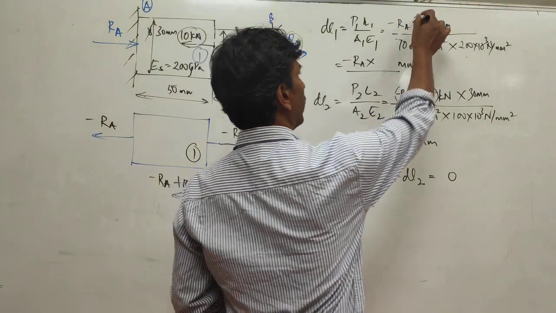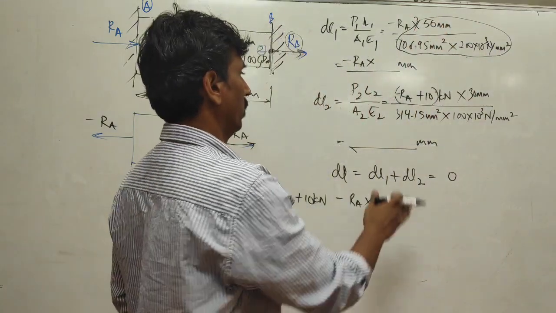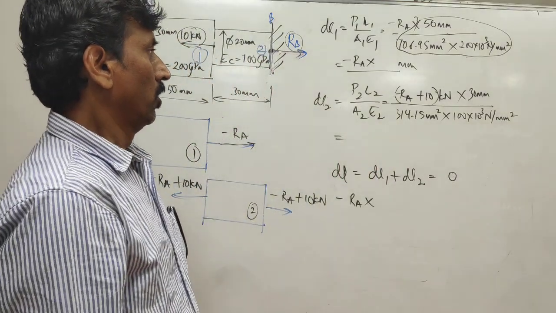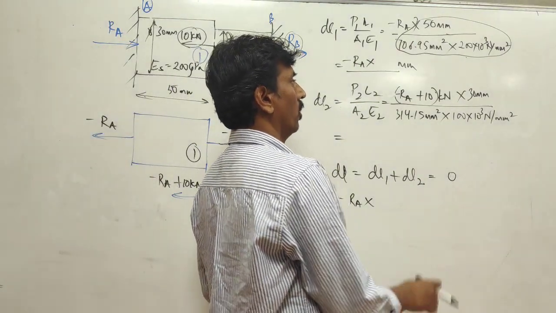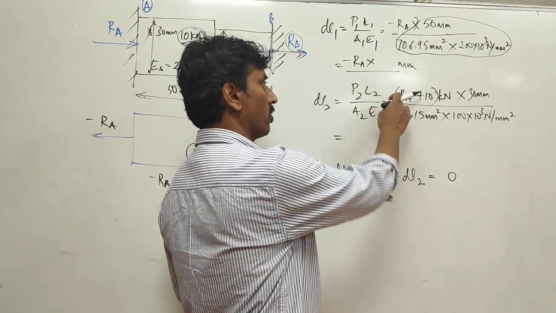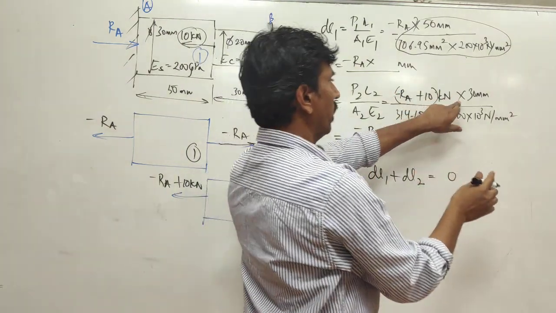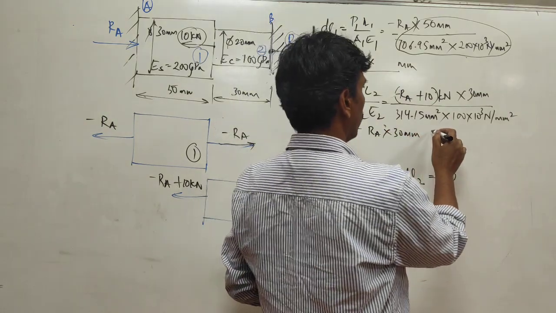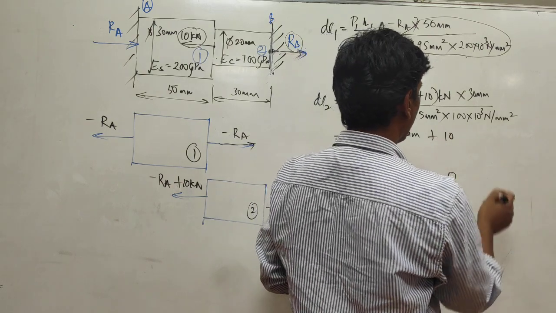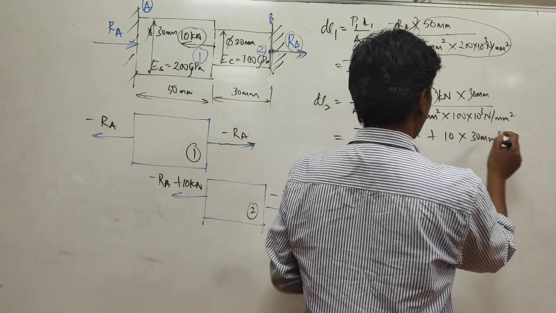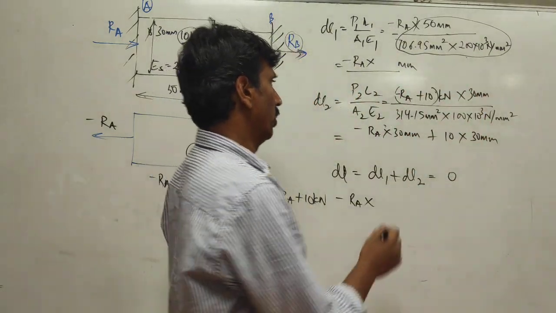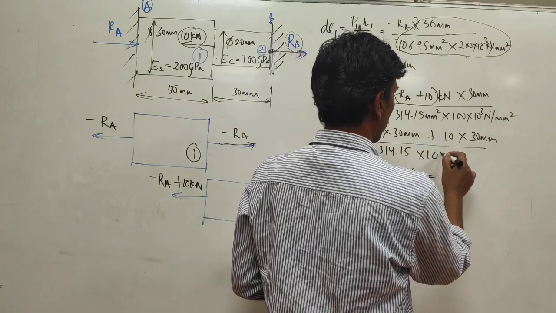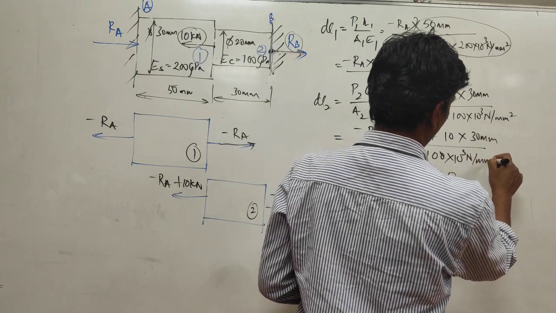Do we need to add all these numbers together to find a value? And here also you have to split this as minus RA into 30 mm, minus RA into 30, plus this 10 into 30, divided by 314.15 into 100 into 10 to the power of 3 Newton per m square.